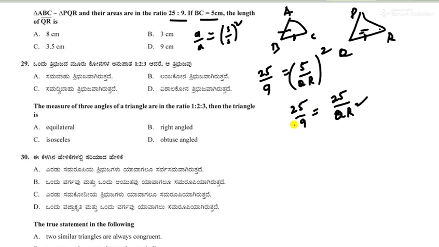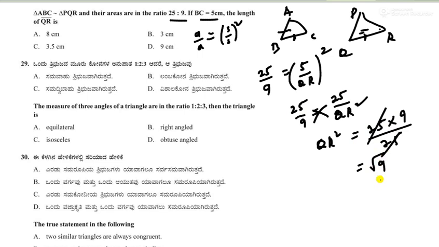Okay, so let us do the cross multiplication, or directly you can cancel, but I will go from the basics so that you will not get confused. Divided by 25, so this cancels, and if you transfer root to our RHS, this becomes 3. So option number B is the correct answer.